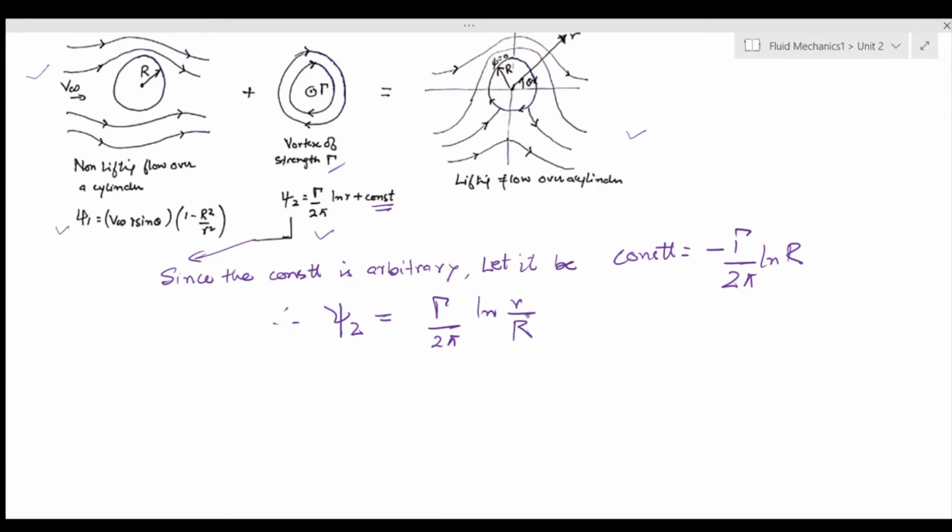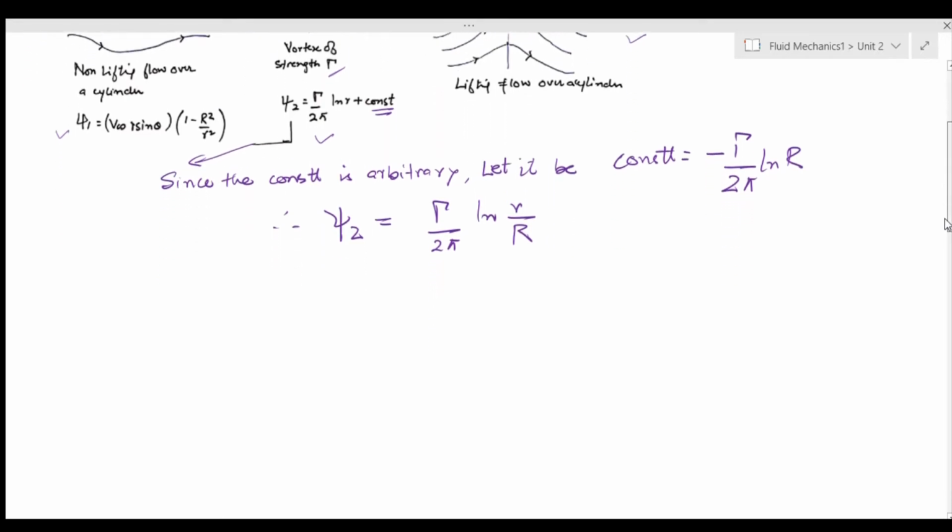Again, how come I took this constant to be equal to this? The reason is that I need to add these two stream functions, and I found that this would be an easier way. And this is how I can add both of them.